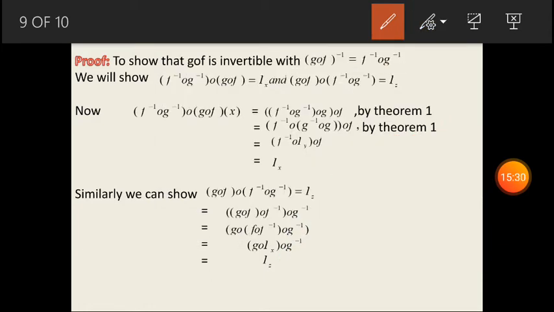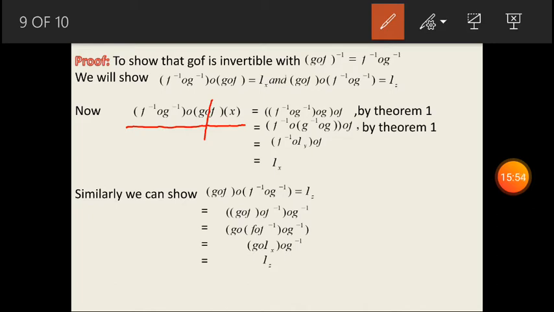First of all, we are going to consider the first one, f inverse o g inverse composition with g o f. According to theorem 1, what does it say? That the grouping can be changed. Meaning (f inverse o g inverse) o g we will consider up to here, and then it will become composition f.